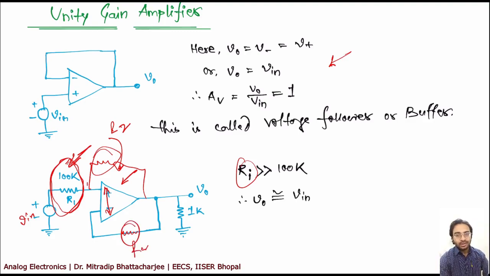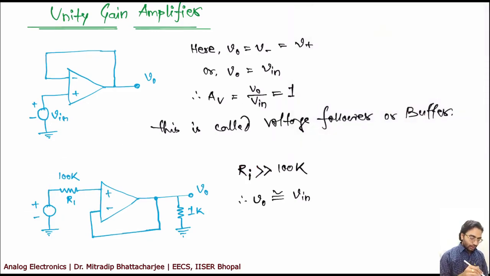It is not recommended, because if the external resistance becomes close to the Ri, it will influence the OPAMP circuit, and in that case the assumption that the current going inside the OPAMP is equal to 0 may not be valid. So the only condition you have to satisfy is that your input resistance on this side should be much higher than the 100k.